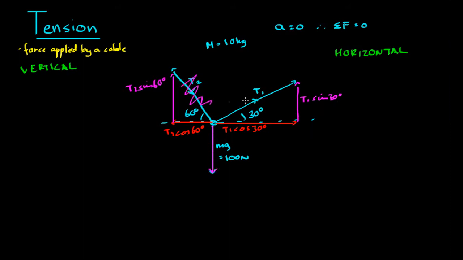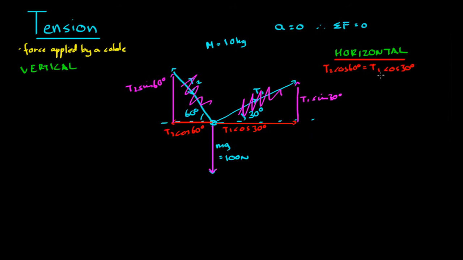So we can pretty much ignore those original forces, and now we only think of the horizontal and vertical components. So first of all, the horizontal components have to sum to 0, so we'll work over here. We know that T2 cos 60 degrees equals T1 cos 30 degrees.